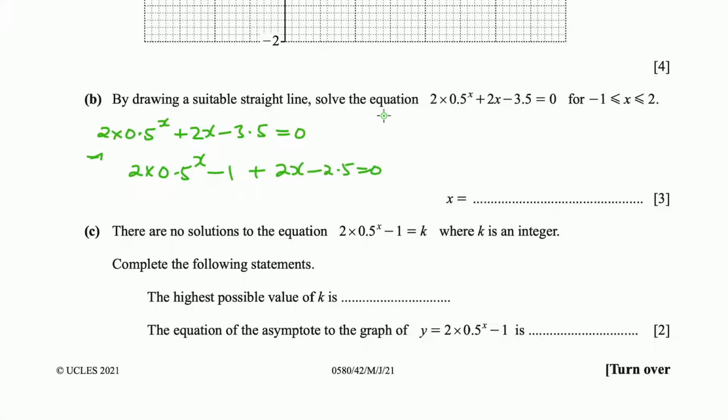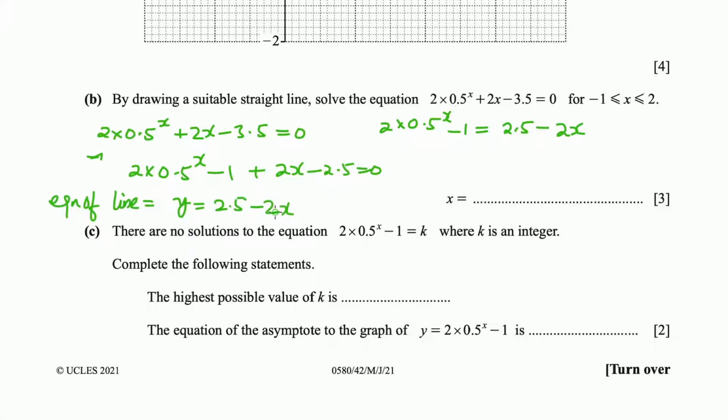So if I take it to the other side, 2 into 0.5x minus 1 is equal to 2.5 minus 2x. So therefore, solve the equation. That means the equation of the line required is y is equal to 2.5 minus 2x.